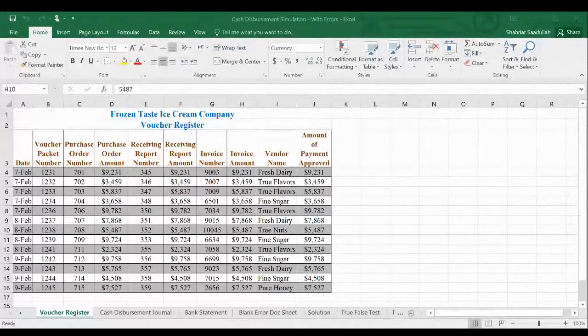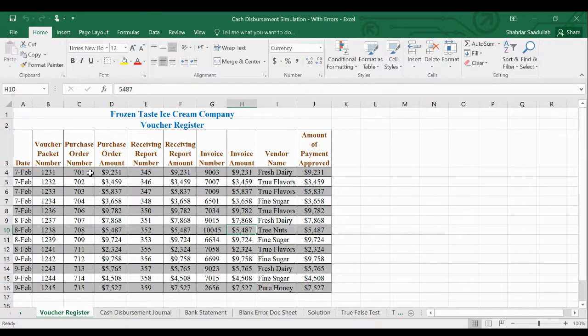All right, you see that voucher register? You see the voucher register on the screen? Okay, so you see here, there is a voucher packet, the first one.